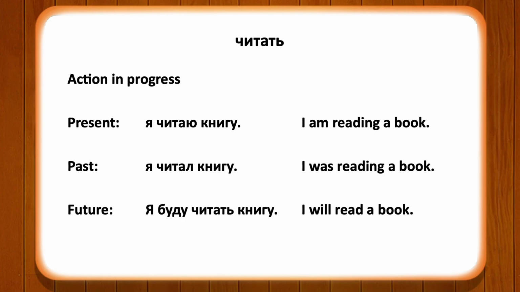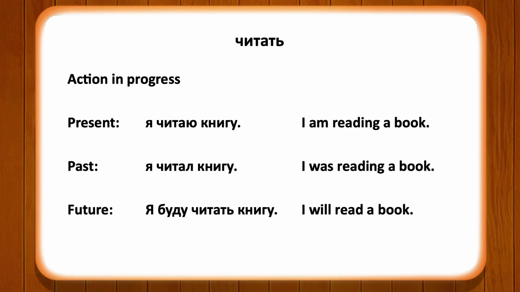So, ya chitayu knigu. Here the imperfective aspect verb is denoting an action that is in progress in present. Ya chital knigu, the past tense form of the imperfective verb is denoting an action which is ongoing, which was in progress in the past.